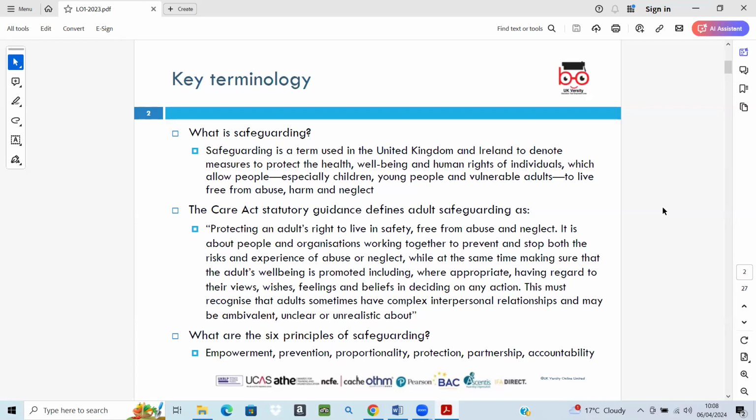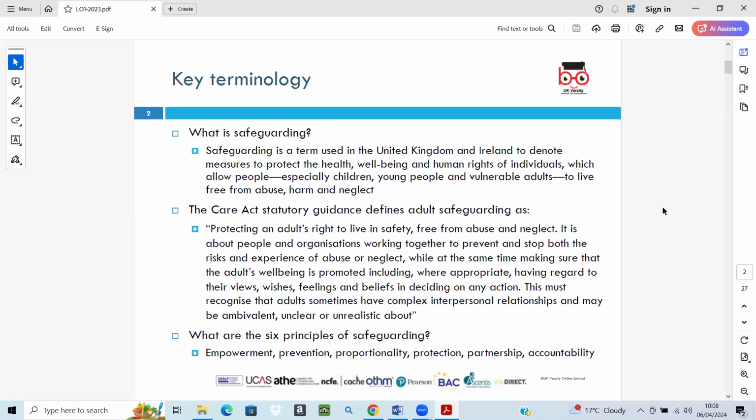Safeguarding is a fundamental aspect of health and social care work, and it is everyone's responsibility to ensure that the people in their care are protected from harm. Not only in their care, in general life, we will also protect each and everyone. These are the main points regarding safeguarding.